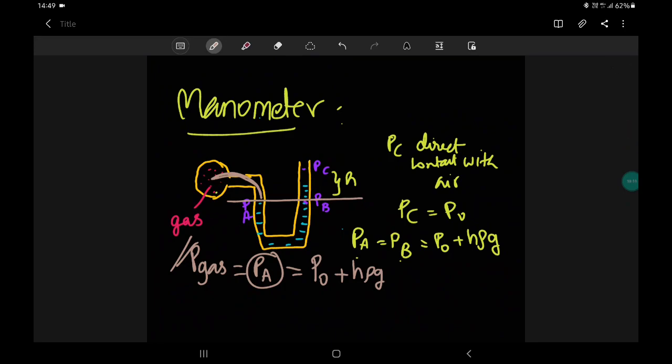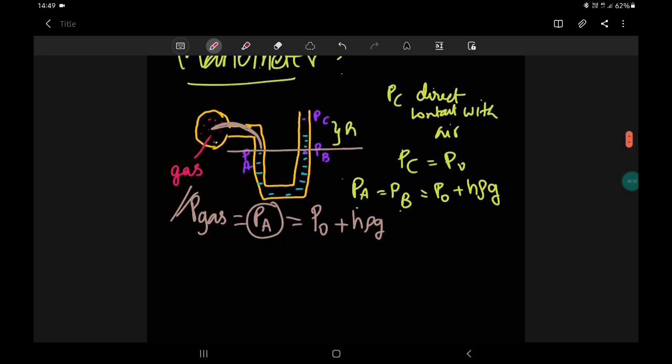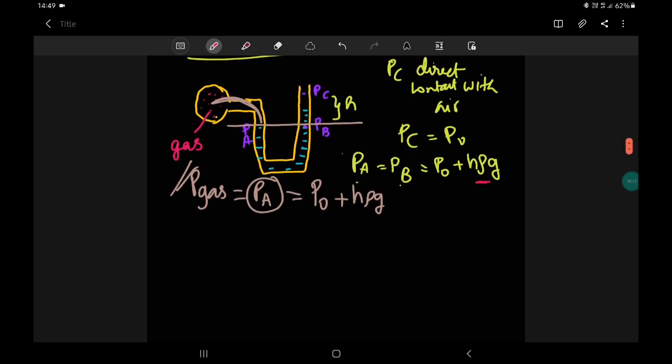Sometimes, in the same case, they will give two types of fluid instead of one single density.